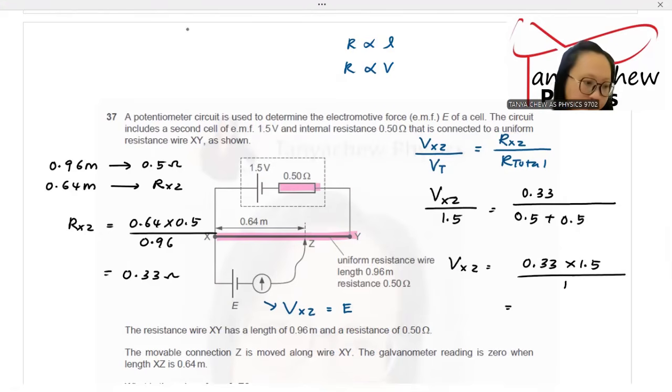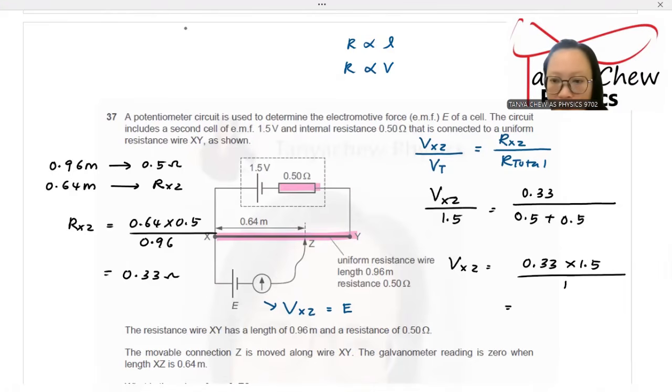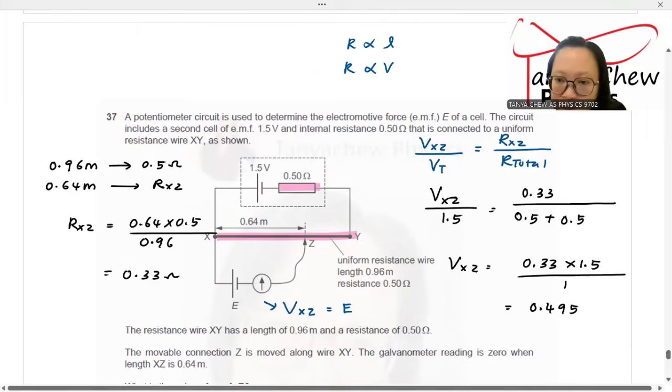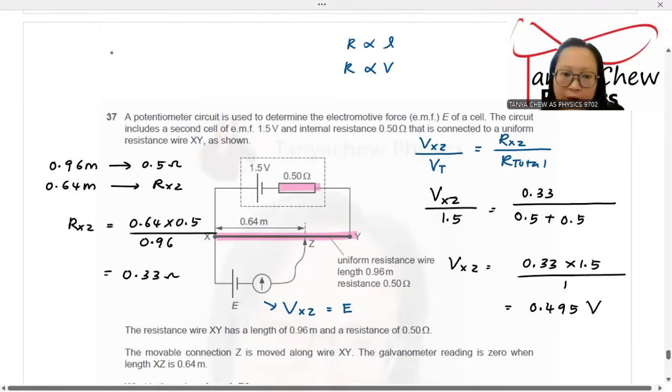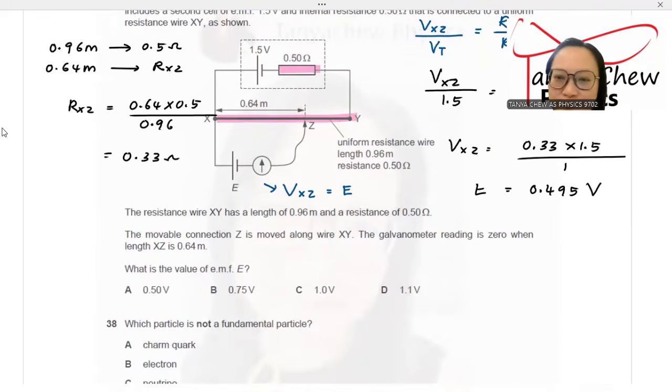Let me see, 0.33 times 1.5. So you get 0.495 volt. Still remember I told you that the E is equal to the potential difference across XZ. So 0.495, you round it off to 0.5.